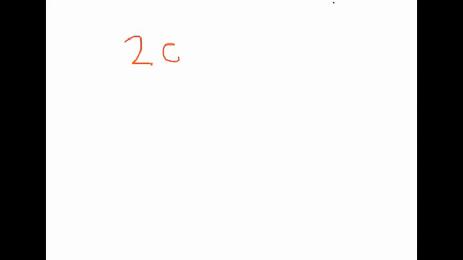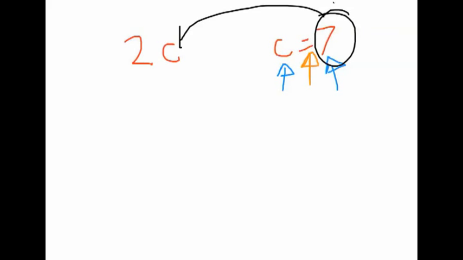So if I go back to that 2c, where c was the number of correct answers, and I tell you that c equals 7, well, now I have one expression here and one expression here, and I'm told that they are equal. So I can substitute 7 in for c.